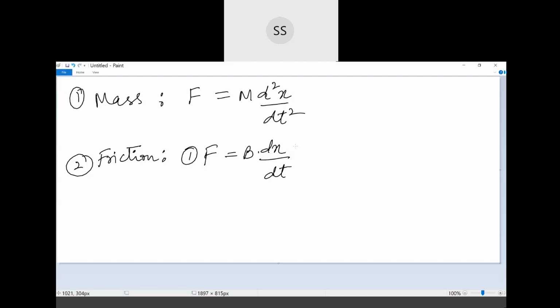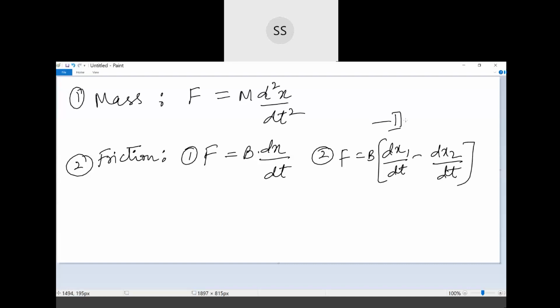The next equation is F equal to B into (dx1 by dt minus dx2 by dt), whenever the damper element has displacement at both ends, x1 and x2, as shown in the picture.